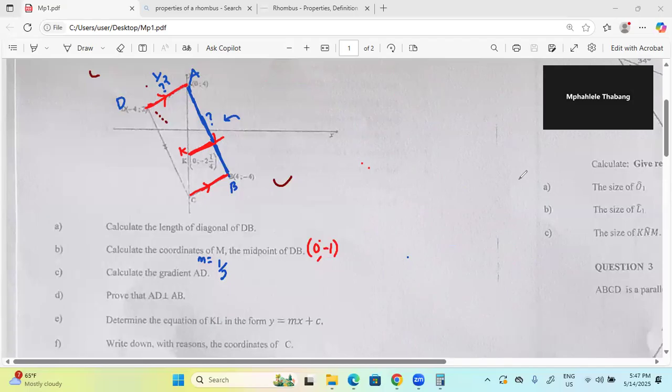At C, I know that the x coordinate is 0, because C is the y-intercept. C is exactly on the y-axis.